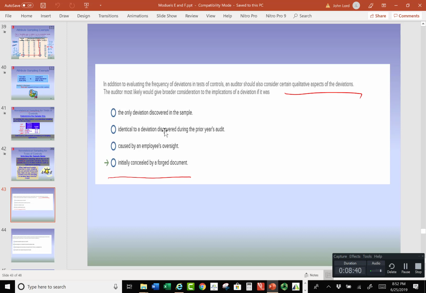Let's say when I'm planning the audit, I don't see any of the fraud risk factors. I say, okay, risk of material misstatement due to fraud is fairly low. But then I go ahead and I find a forged document. Well, now I have to go back and replan. I'm not even worried about fraud risk factors anymore. I found fraud, didn't I?